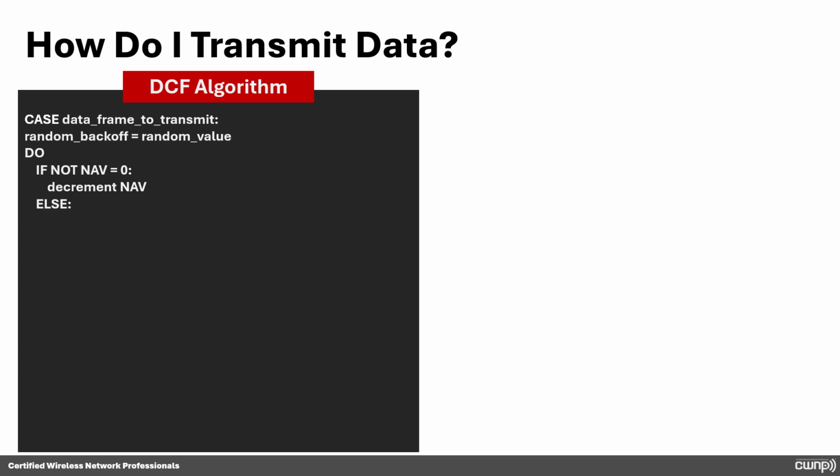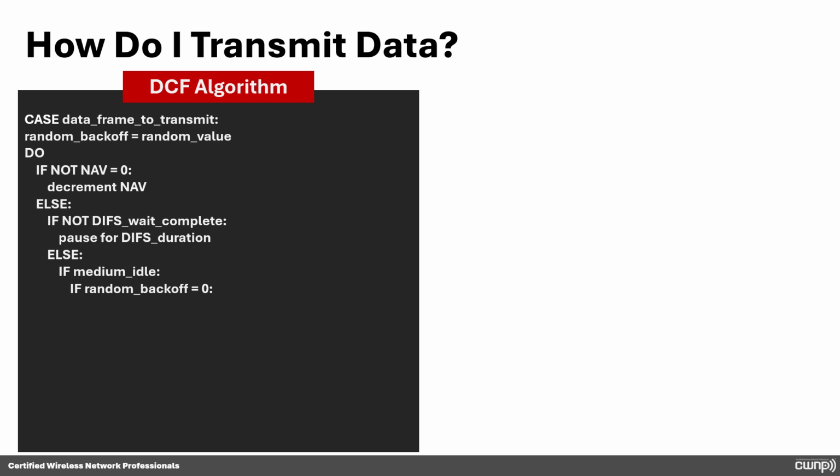Else, that is, the NAV is equal to 0. If not DIFS wait complete, pause for DIFS duration. Else, if the medium is idle, if the random backoff equals 0, transmit the frame. Else, decrement the random backoff.